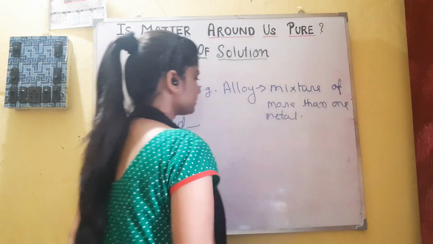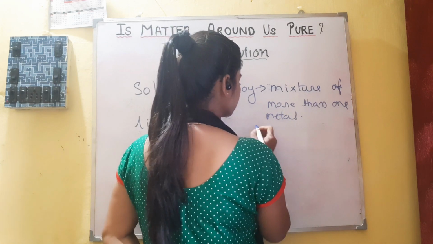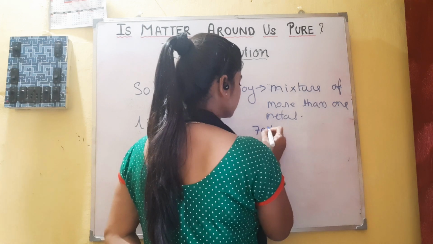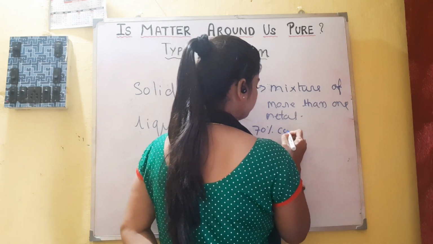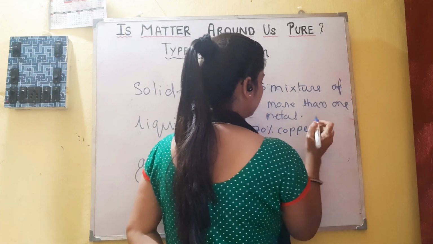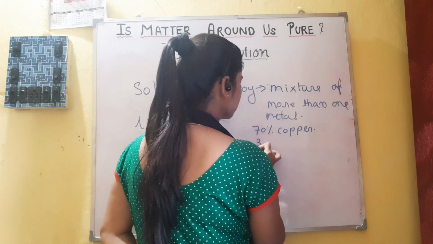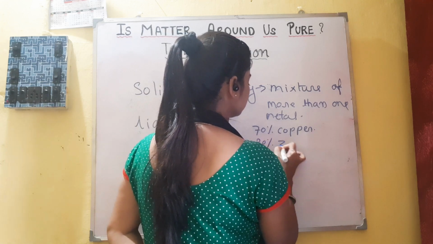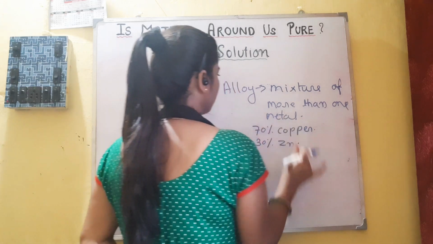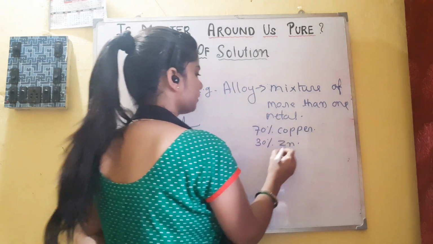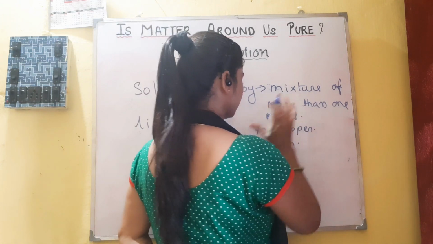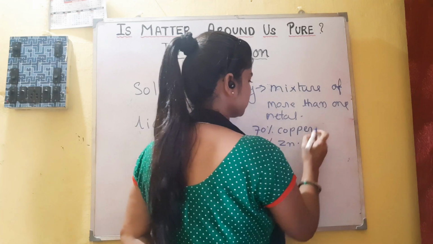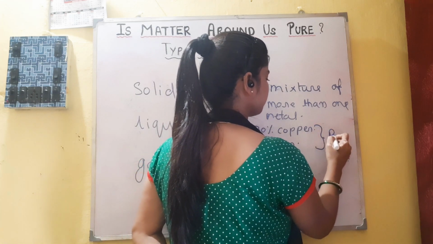And what are the metals? Like 70% copper and 30% zinc. By using 70% copper and 30% zinc, we make brass.